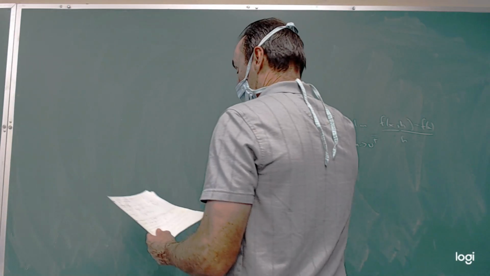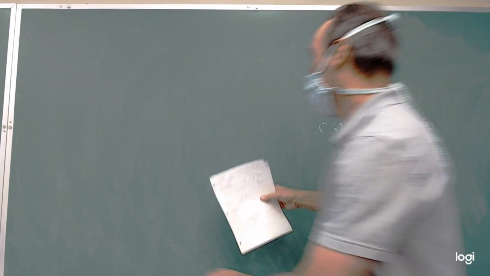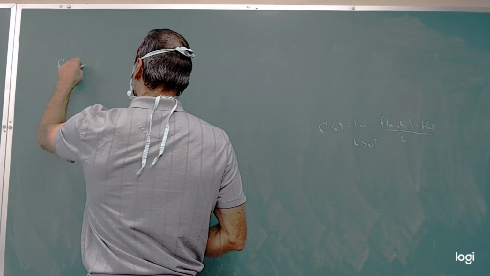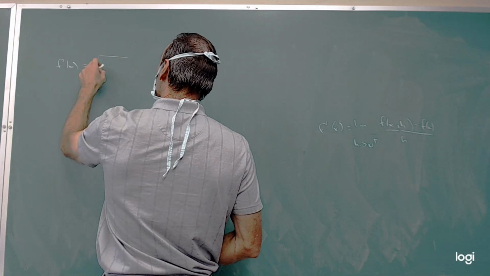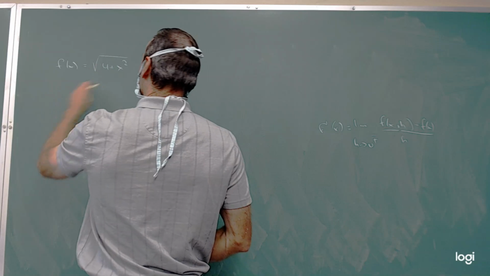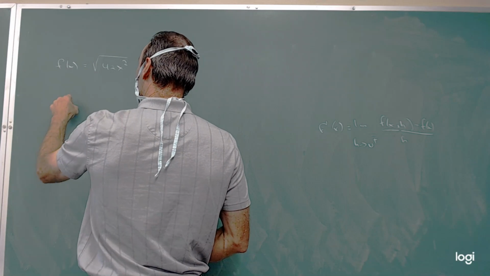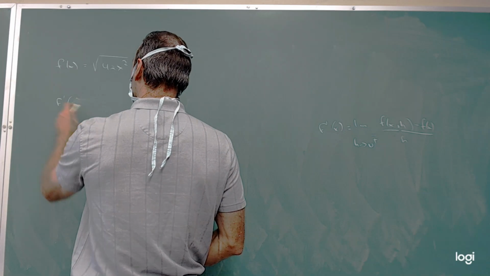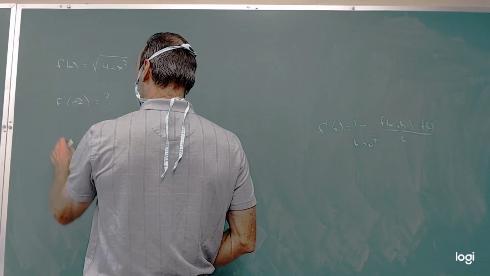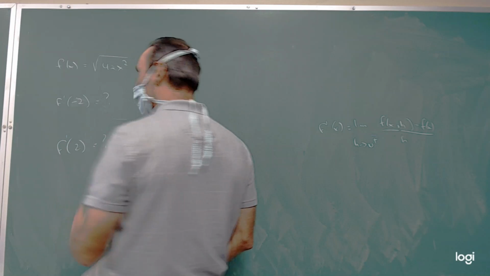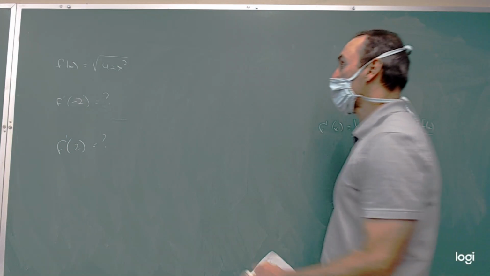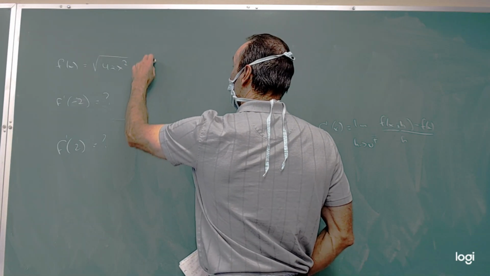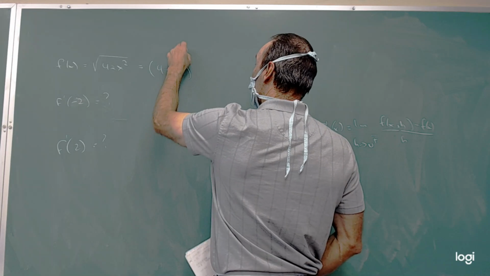We don't have to do the actual definition, good point. So the real question is, what do we do? We want to know, does f prime of 0 exist? Does f prime of negative 2 exist, or f prime of positive 2 exist? We can still do this like we would using our power or chain rule. We know this is 4 minus x squared to the 1/2.